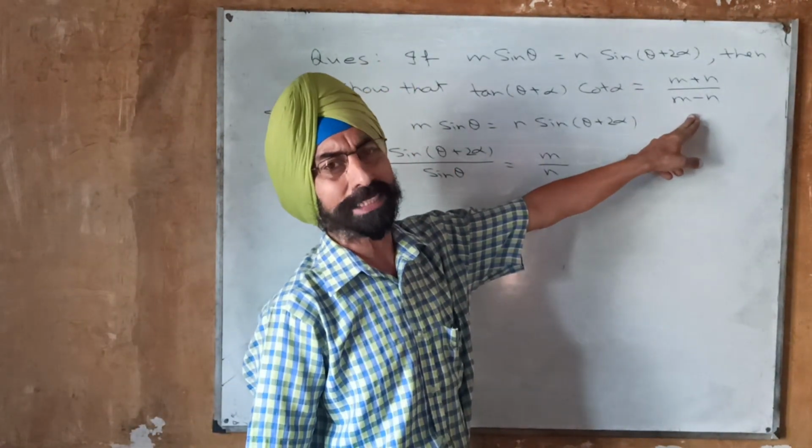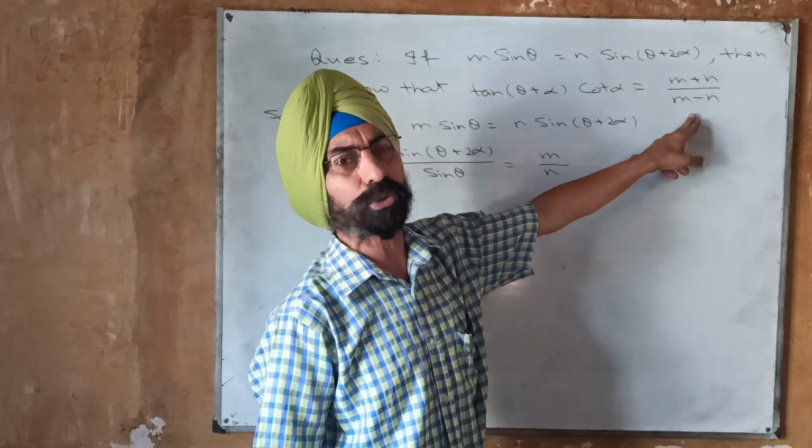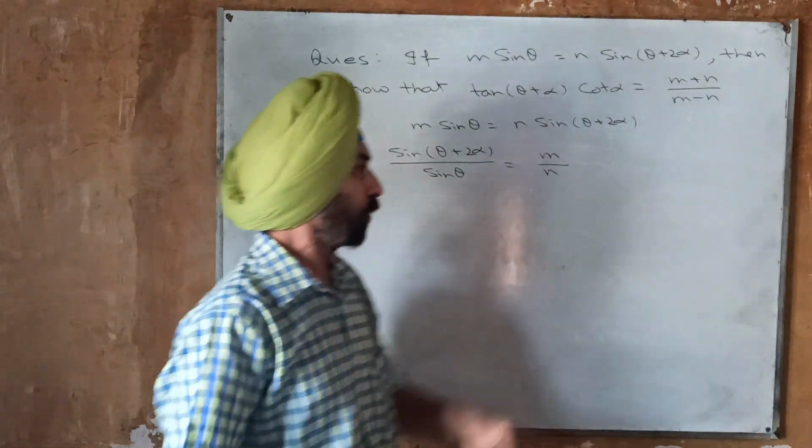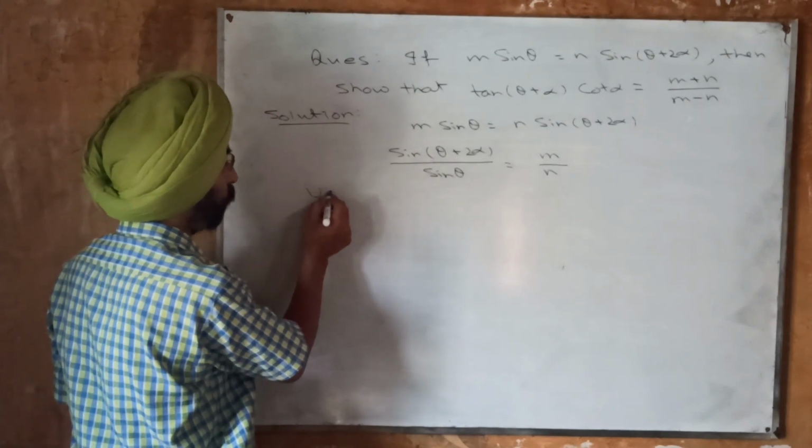What I want is (m plus n) upon (m minus n), which can be easily obtained by using componendo and dividendo. So I am using componendo and dividendo now.